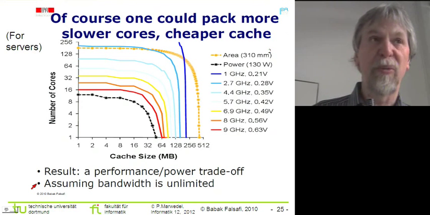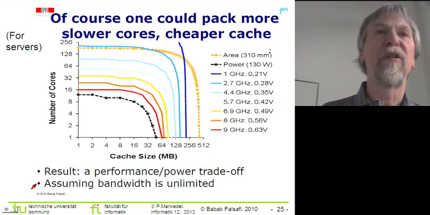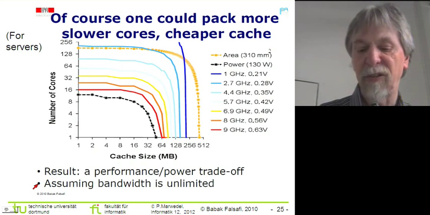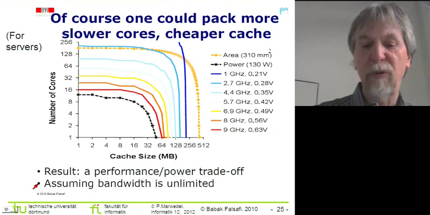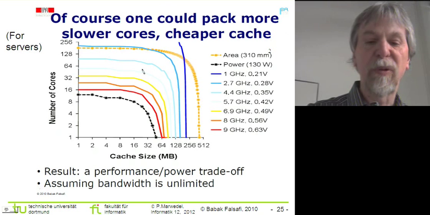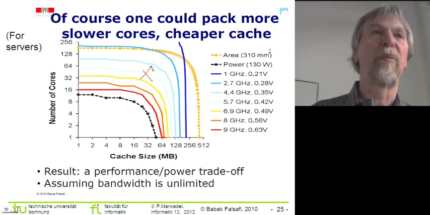In this case, we still have used one simplifying assumption there. We haven't considered the bandwidth. If we would also consider the bandwidth that's required for these architectures, we would find that not all these designs are actually reasonable, and we would find that considering the I/O bandwidth, the optimum design would be somewhere around there, close to 44 processors.